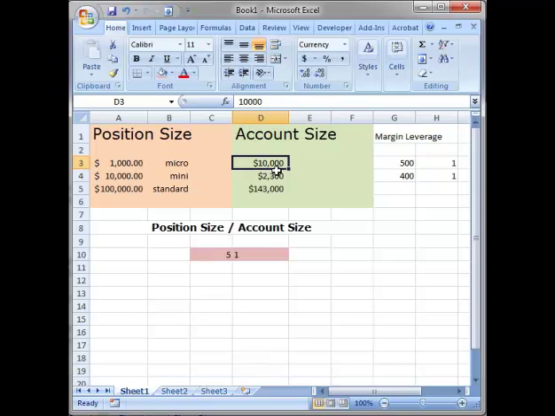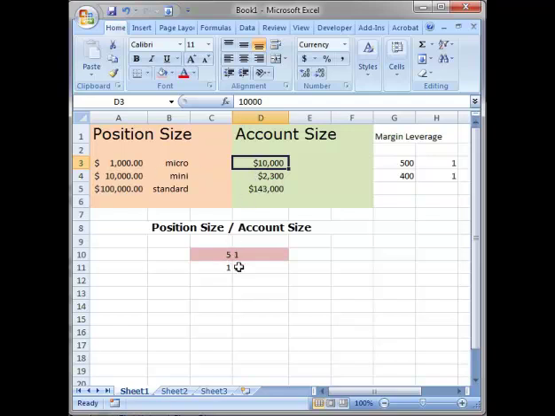If we have an account size of 10,000 and we trade 10 micro lots or 1 mini lot, you're looking at a 1-to-1 ratio, right? You have $10,000 in position size or contract size in the market, and you have 10,000 in your account. So you don't have anything more or anything less than what you're putting into your account. It's like you're putting it all in, right?